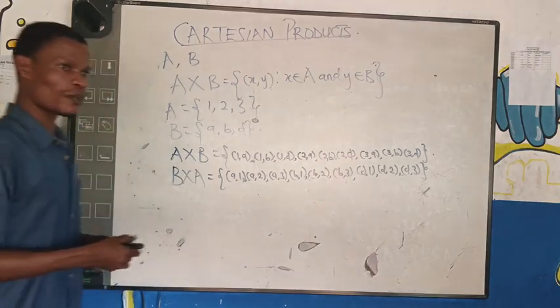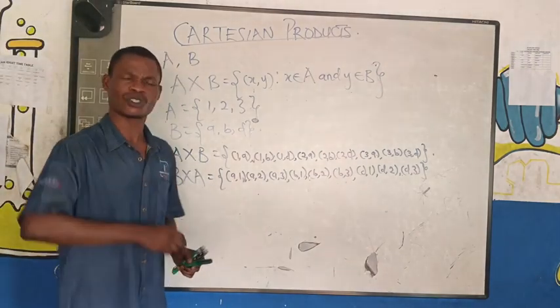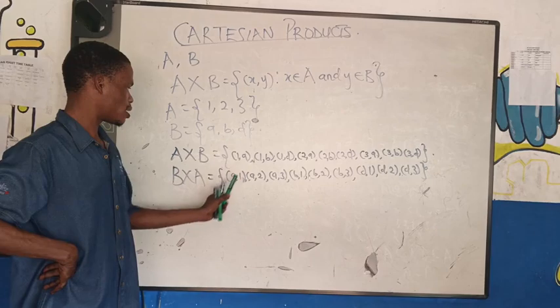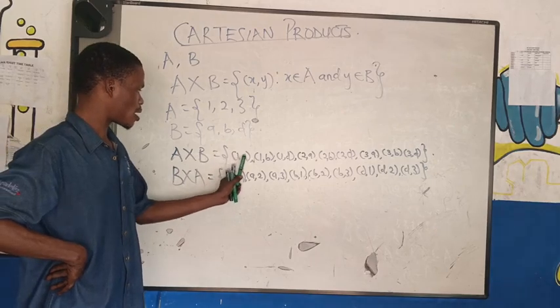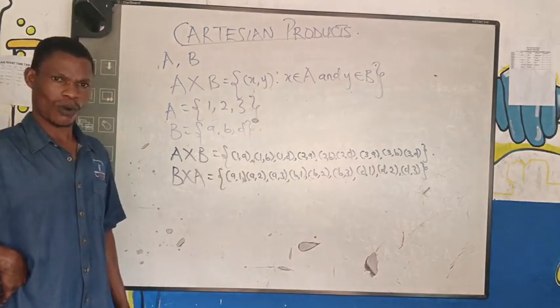Are we together? Please be mindful of the fact that the Cartesian product is not commutative. (1, a) is different from (a, 1). Of course, you know that.